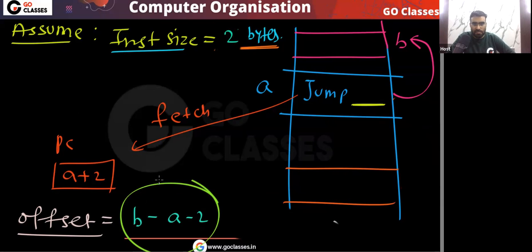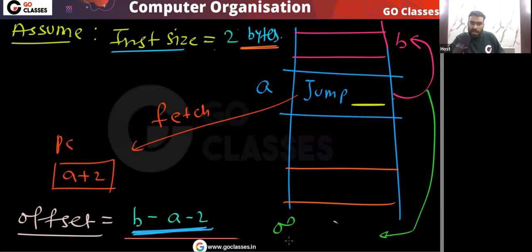Remember, offset will always be B minus this. In this situation, the offset is a negative value.